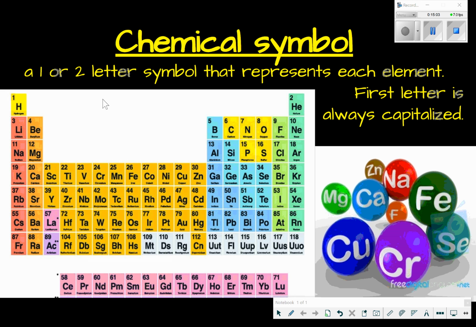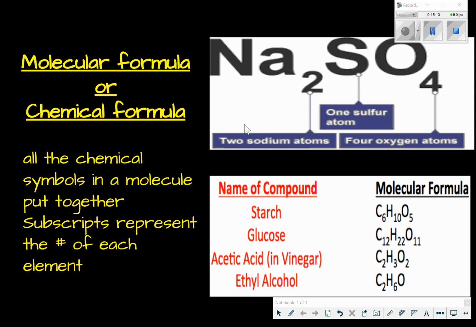The chemical symbol is a 1 or 2 letter symbol that represents each element. The first letter is always capitalized. When we're looking at a molecular formula or a chemical formula, this means the same thing. It's all the chemical symbols in a molecule, meaning it's got chemical bonds, put together.